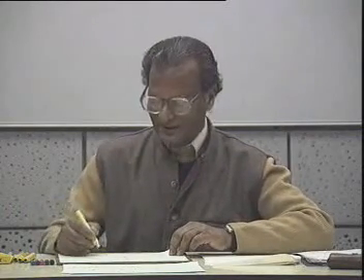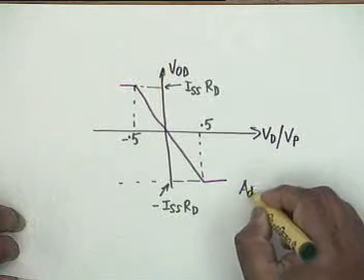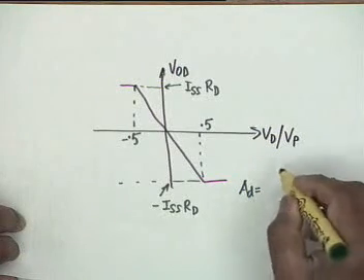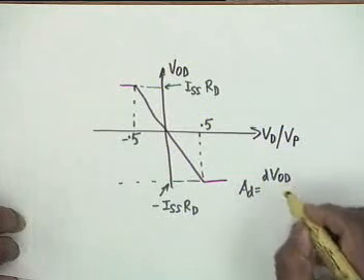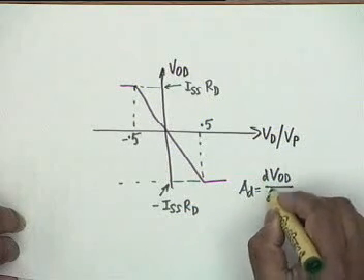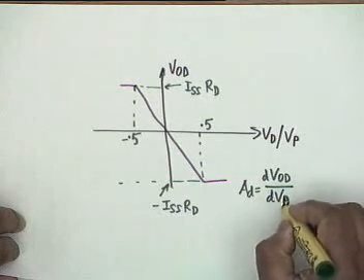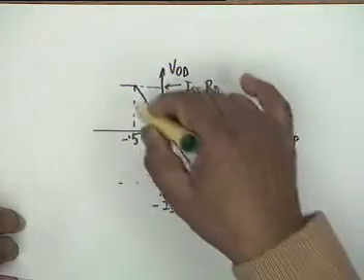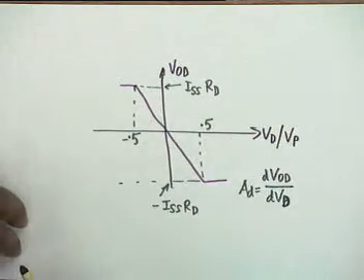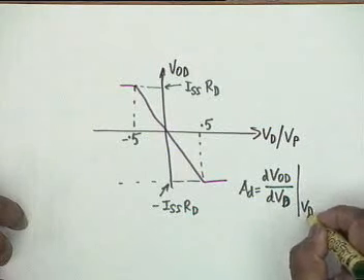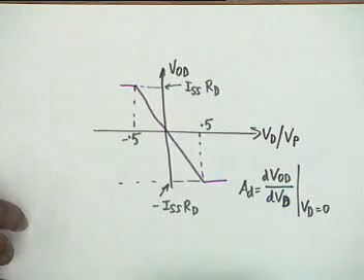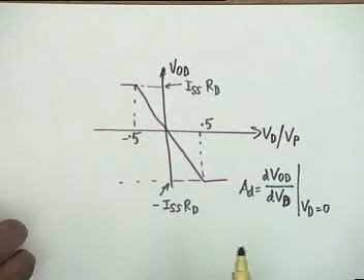Therefore, we can find out the gain. Now, how do we find the gain? AD would be, by definition, dVOD divided by dVD, and since this curve is approximately linear, we evaluate at VD equal to 0.